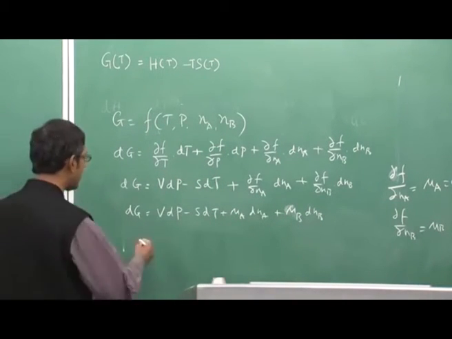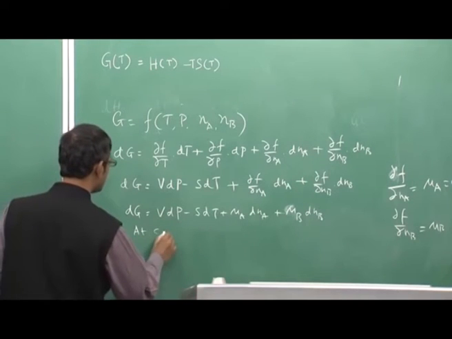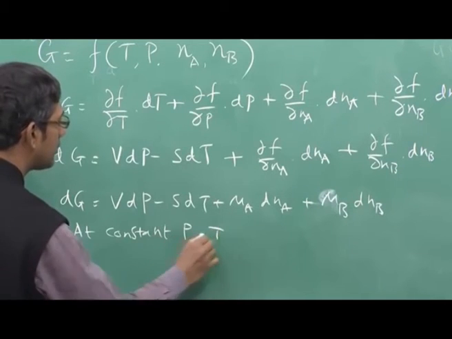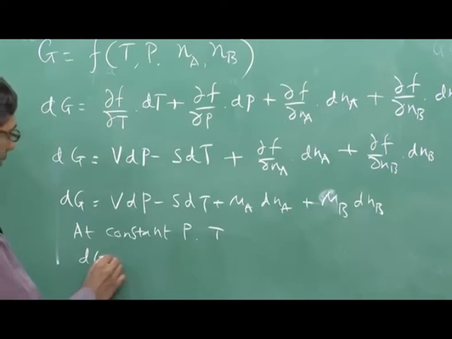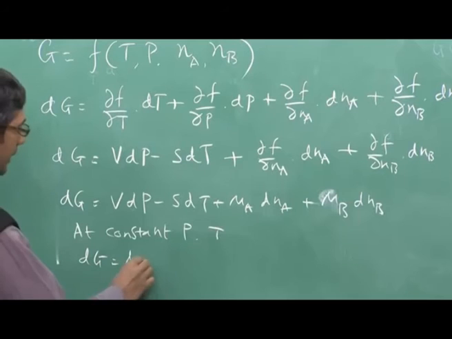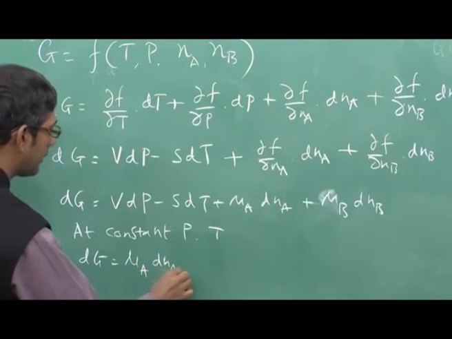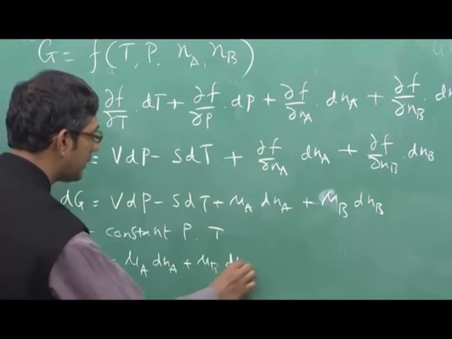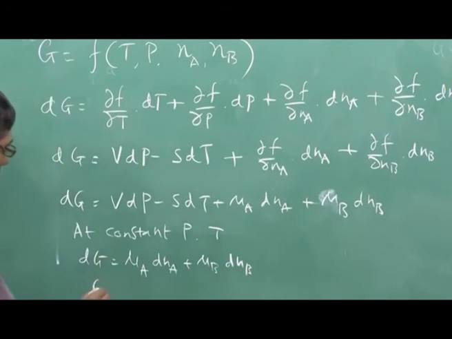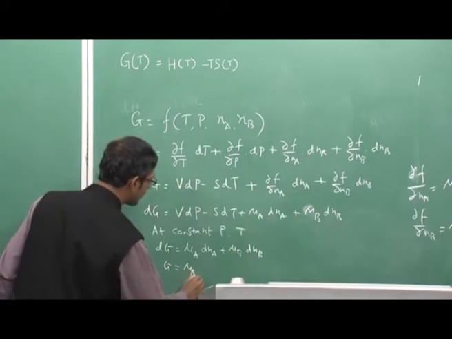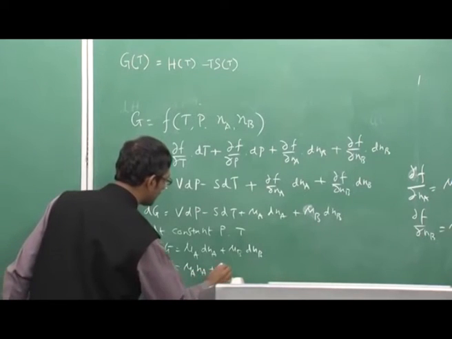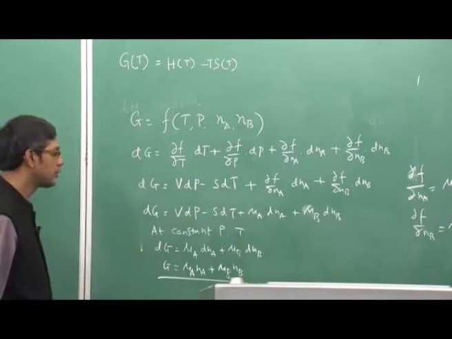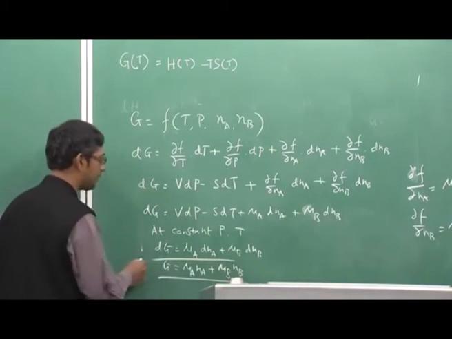Now at constant pressure and temperature, I get dG is equal to mu A dNA plus mu B dNB, and G is nothing but the integration of this. So I hope you understood this part very clearly.